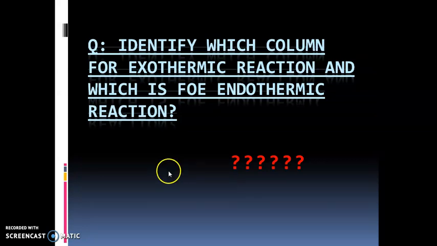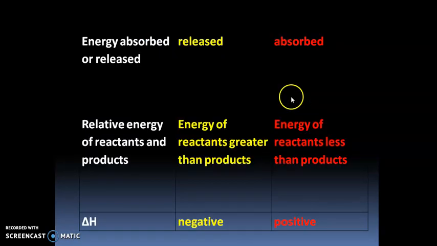So students, there is a question for you. Identify which column is for the exothermic reaction and which is for the endothermic reaction. Here there are two columns, a yellow column and a red column. Let's consider this column in which heat energy is released.